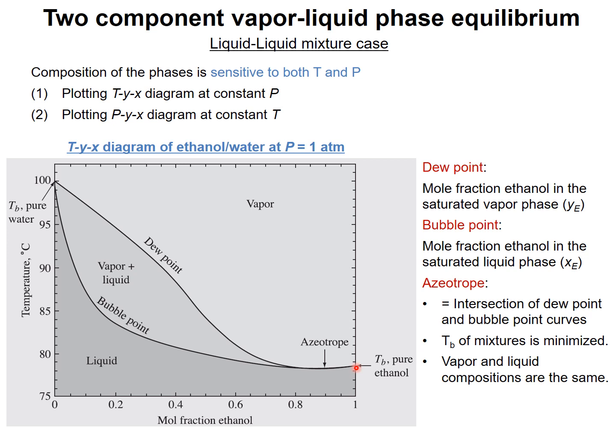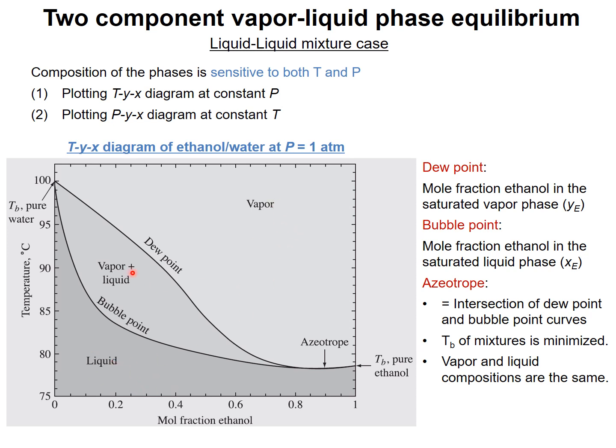So when you cool down the temperature from some temperature here to below the boiling point of pure ethanol, of course the vapor phase is converted to liquid. So right now we have a vapor and we have a liquid.